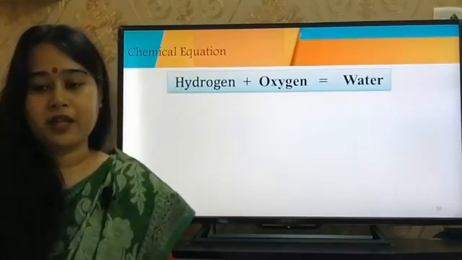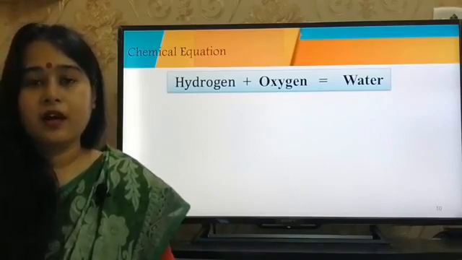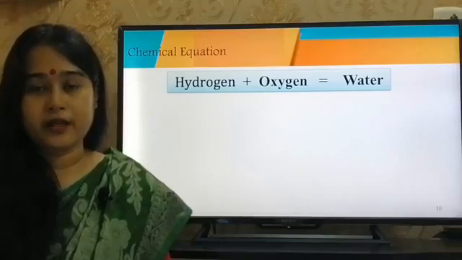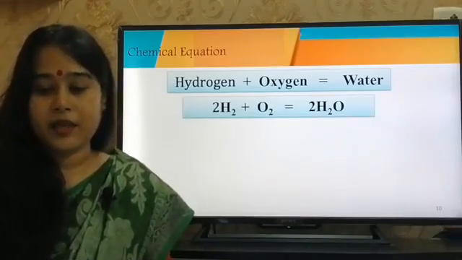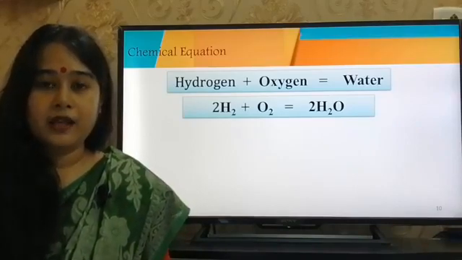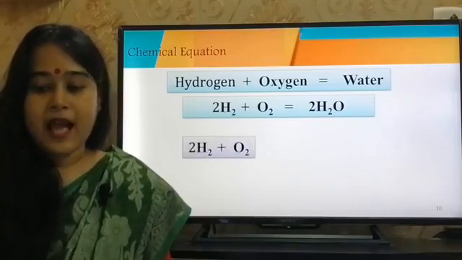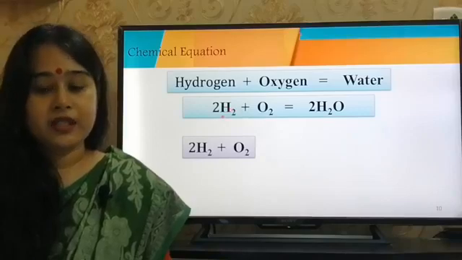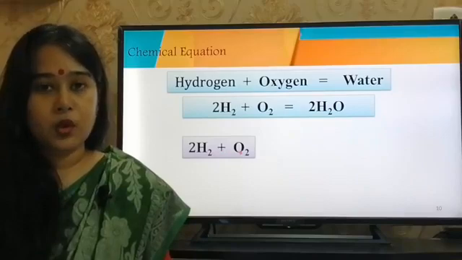If we have a chemical reaction like hydrogen and oxygen making a chemical bond and producing water, then we can write the chemical equation like 2H2 plus O2 equal to 2H2O. And here you can see on the left hand side of the equal sign we have 2H2 plus O2.